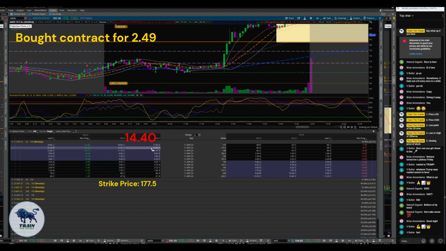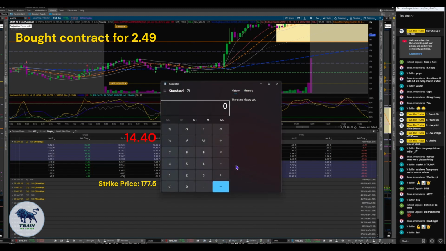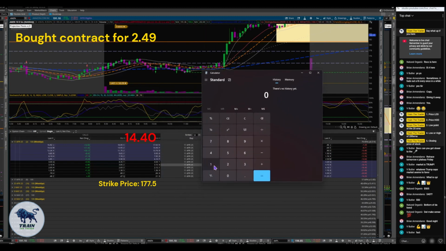So let's do the math on that contract. This is one contract. So we know this price is 14.40 minus what I paid for, Rock? 2.49.